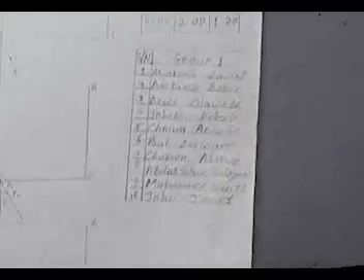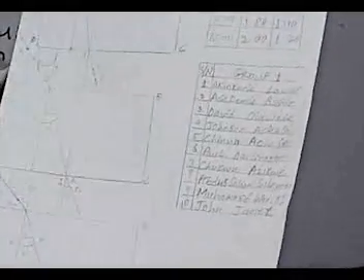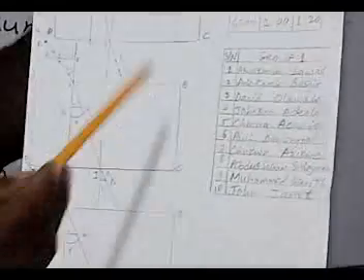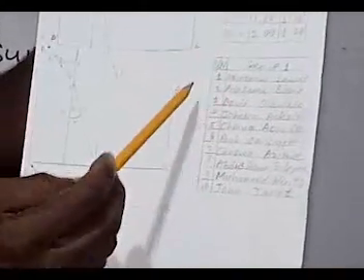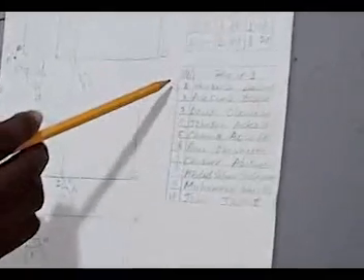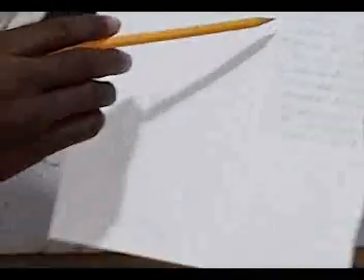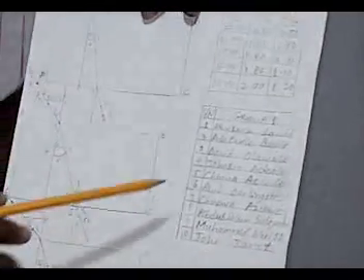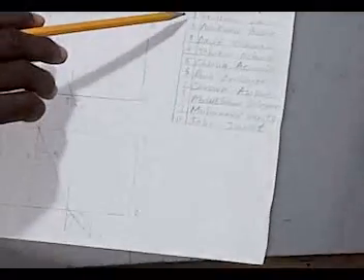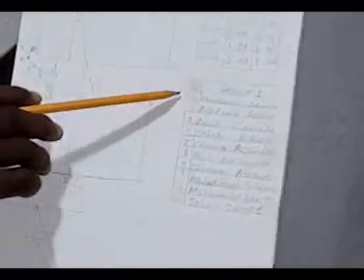So group work is not allowed in this experiment. If you embark on group work, only the first person gets the marks. If the person that performed the experiment put his name in between 2 to 10, that means he did not perform the experiment that year. He will come back next year. So if you are the one that performed the experiment, make sure your name is on number 1.